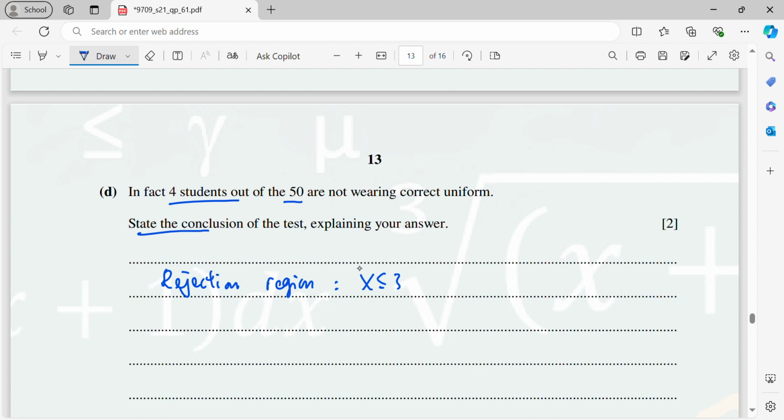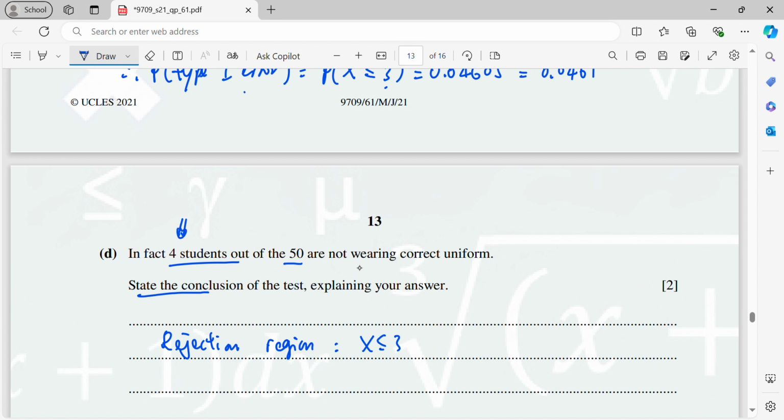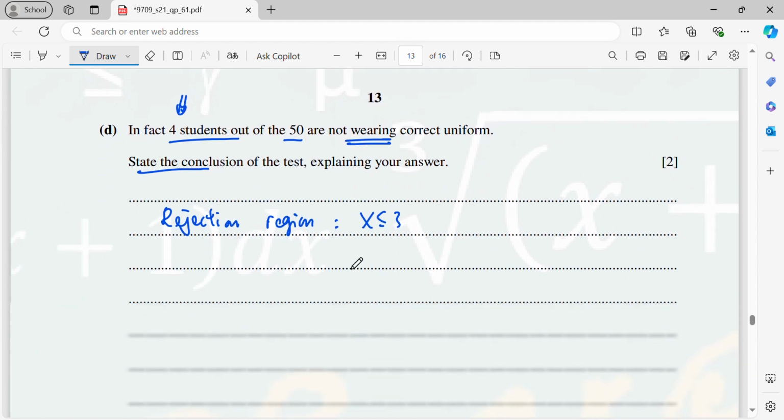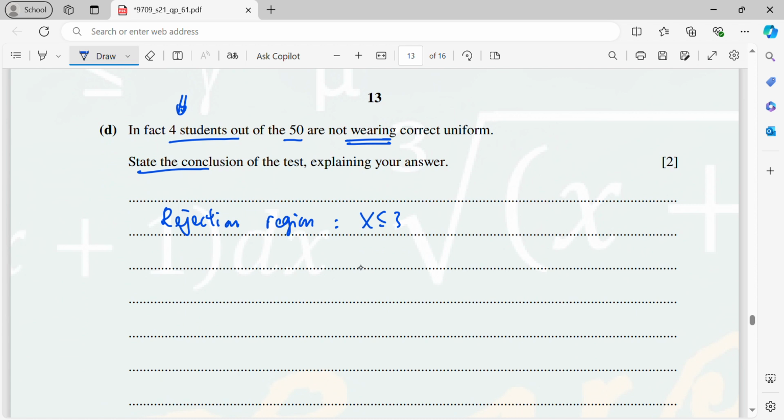Now when you look at the question here, given 4 students not wearing correct uniform, your X is the number of students not wearing correct uniform. Now it is 4, but when X ≤ 3, at most 3, we reject H0.